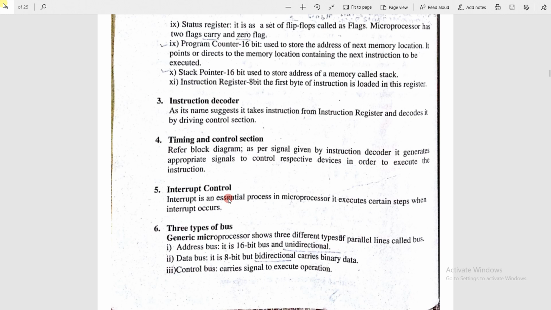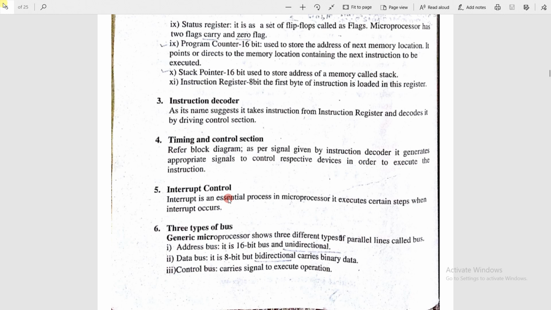No write is there. Only read, unidirectional. Data bus, it is 8-bit. You have to remember that. Address bus is 16-bit. Data bus is 8-bit. The difference between the address bus and data bus is that the data bus is bidirectional. We can read the data also and we can write the data also.